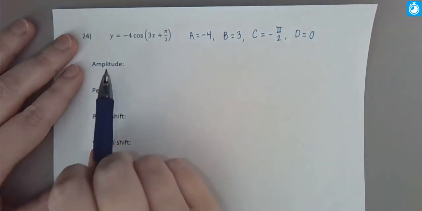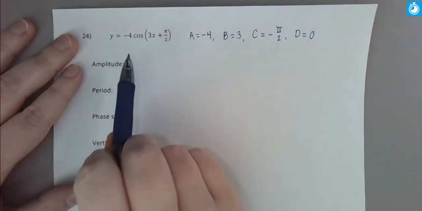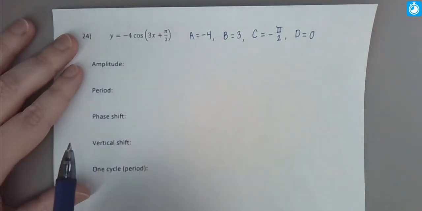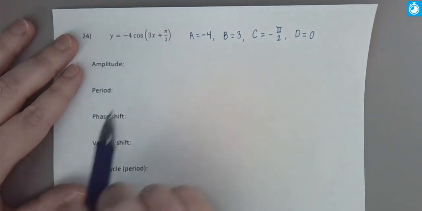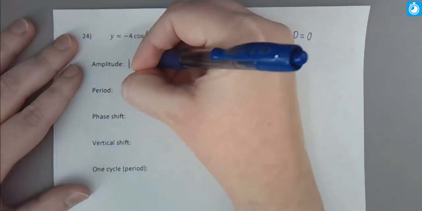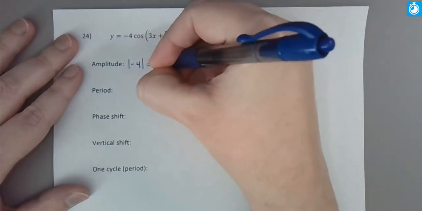So the amplitude just tells us how high and how low we're going to go from the center of the cosine graph, from its central line, which is typically centered there on the x-axis. So in this case, the amplitude will always be the absolute value of whatever a is. So the absolute value of -4, which will be 4.